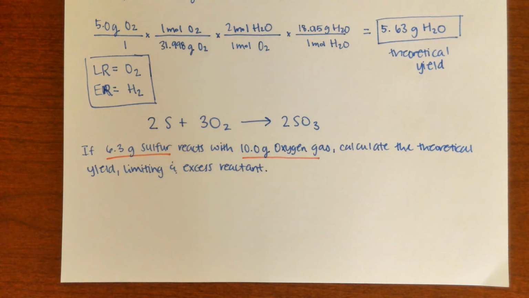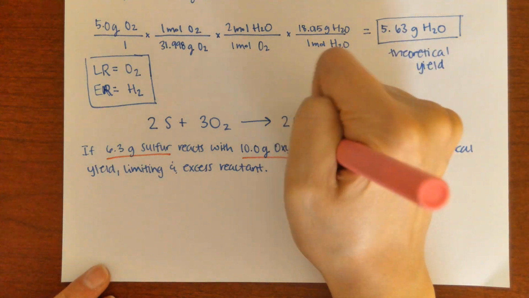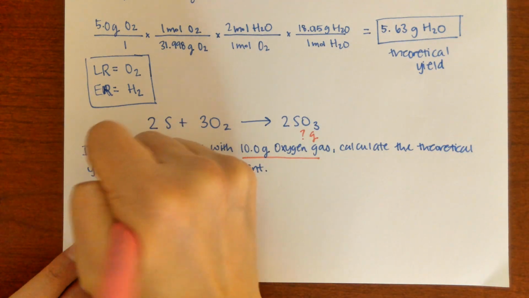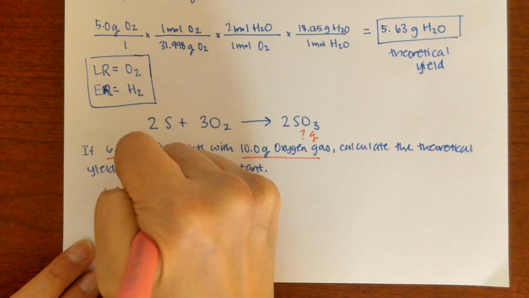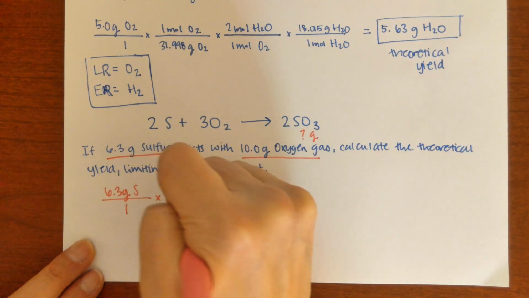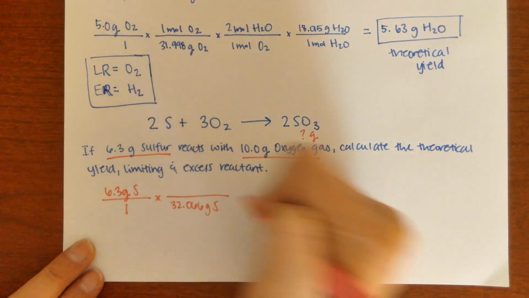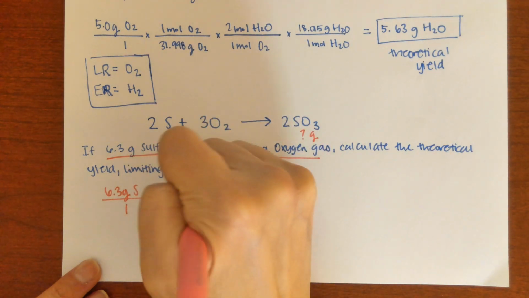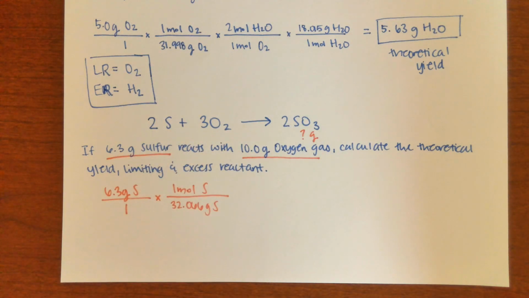Okay, so we're going to do mass to mass here. So 6.3 grams of sulfur over 1. And then we put the molar mass of sulfur on the bottom. Again, we're matching the units to cancel out. And then 1 mole of sulfur on top.